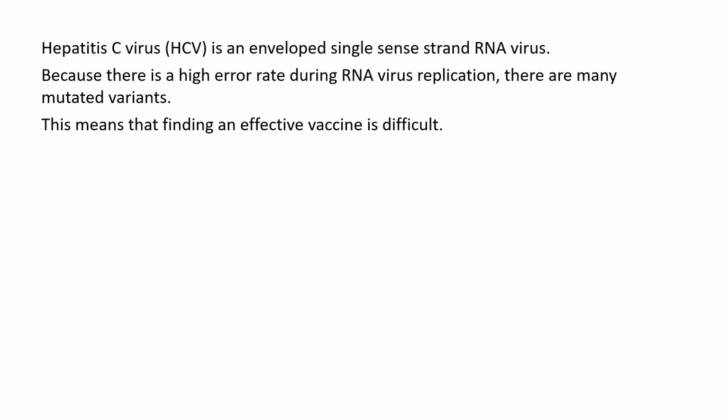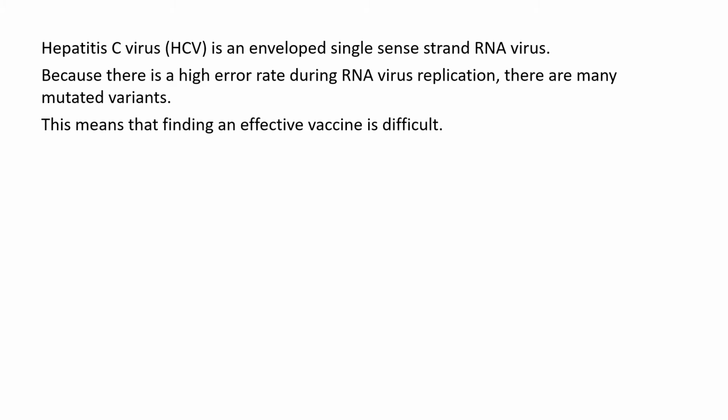Remember, in a single sense strand, it has to make its viral proteins by using its single sense strand in our own ribosomes to make the viral proteins. It then has to make an antisense strand to use as a template to make more sense strands for the virions. And it's these double-strand RNA interactions that cause quite a high error rate in replicating that RNA. So we end up with many mutated variants.